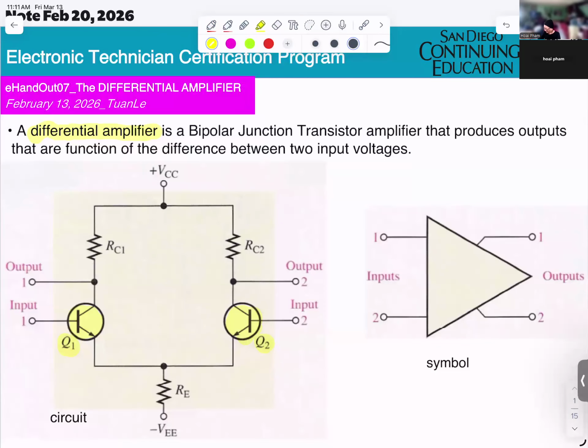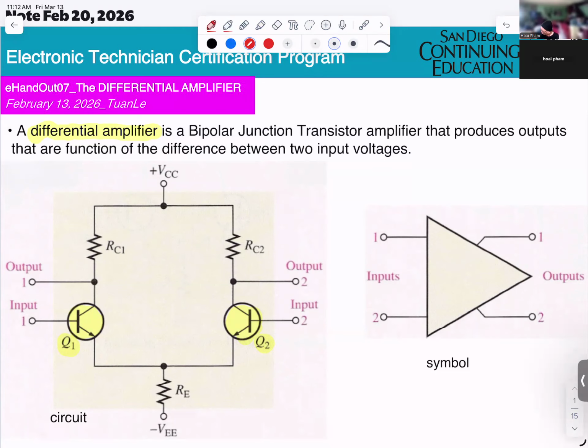Can you tell me? Q1 connected will be either common emitter, common collector, or common base. Okay, so I can tell you.